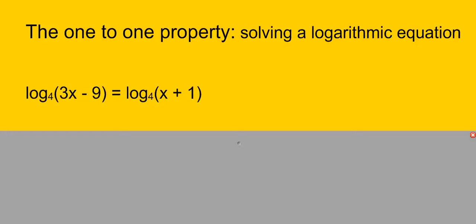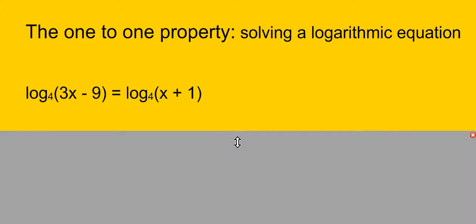Log base 4 of 3x minus 9 is equal to the log base 4 of x plus 1. Remember, log is simply an operation. And so therefore, if you're doing the same operation to both sides, you must be dealing with the same value on the inside of the parentheses. Because they're both log base 4 and they're equal to one another, we can eliminate the logs from this problem.